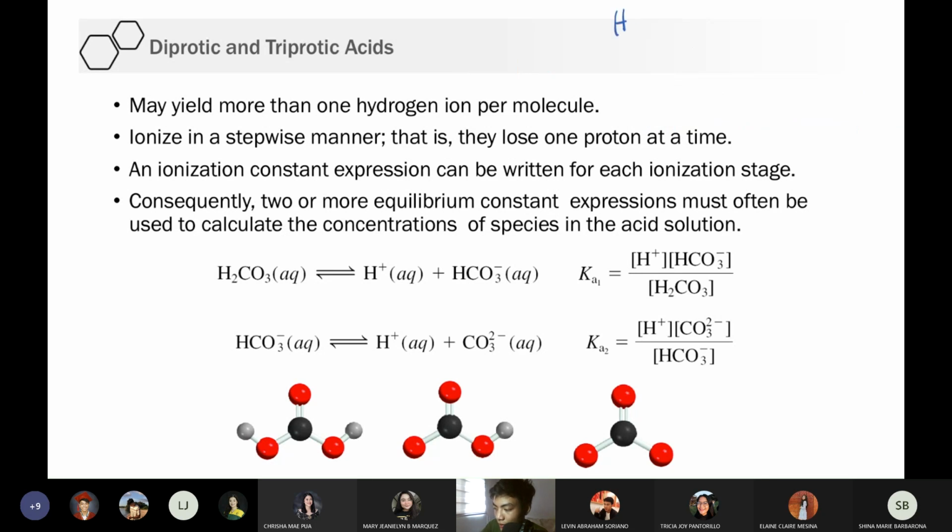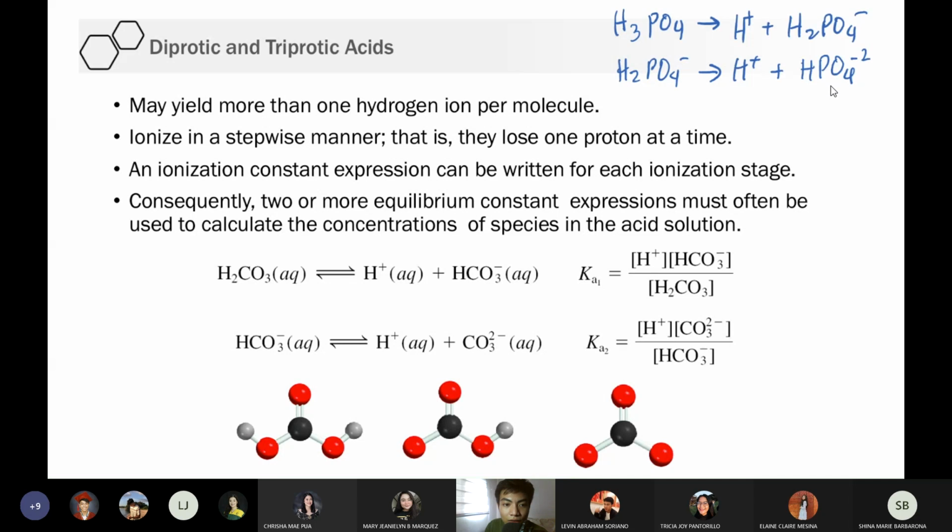So let's say we have phosphoric acid. The first dissociation will give us H2PO4. So after nyan, ito na yung mag-act as acid natin. So it will give off another H plus, and we will get biphosphate ion.